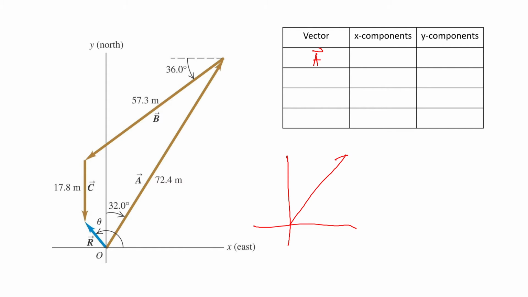Your vector A is 72.4 meters, and you have here your angle, 32.0 degrees. This is your vector A. So let us project this onto the x and y axes. Projecting your vector on the x-axis, this is here our Ax. Projecting along the y-axis, we have here our Ay.